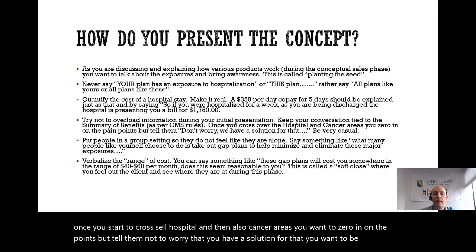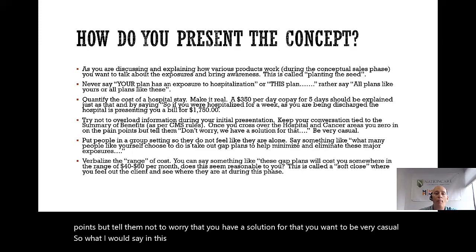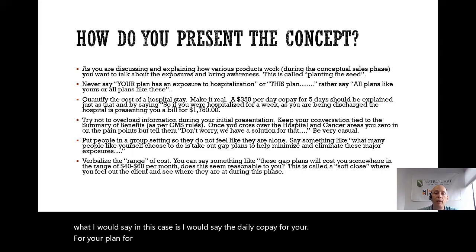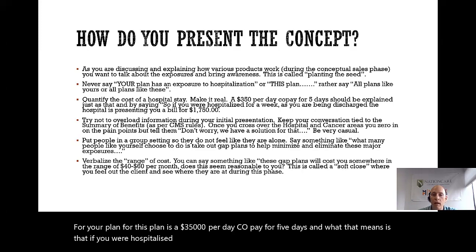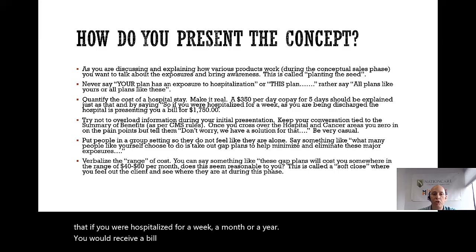So what I would say in this case is, the daily copay for this plan is a $350 per day copay for 5 days. And what that means is that if you were hospitalized for a week, a month, or a year, you would receive a bill from the hospital after your discharge for $1,750. But don't worry about that.